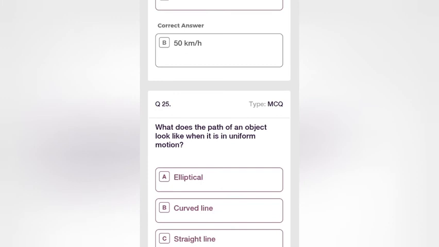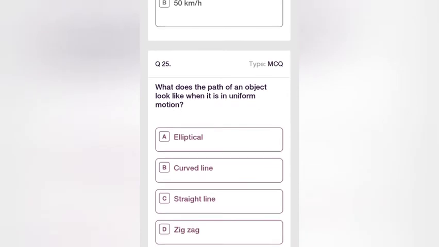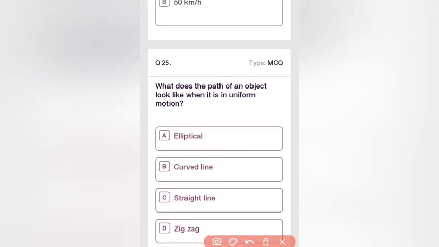What does the path of an object look like when it is in uniform motion? When an object is said to be in uniform motion, that means it is covering the same distance at the same speed.